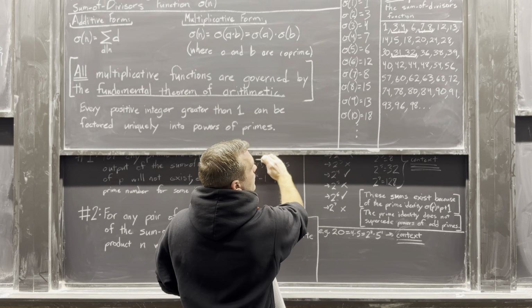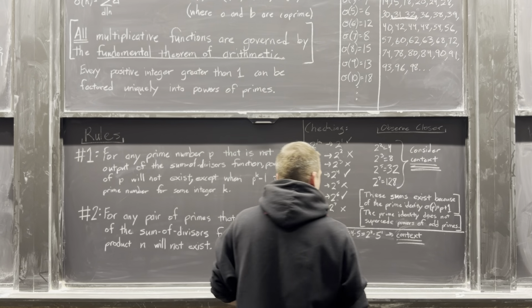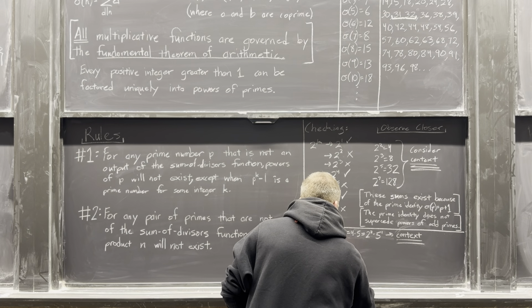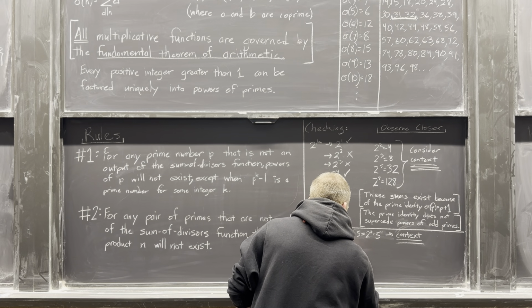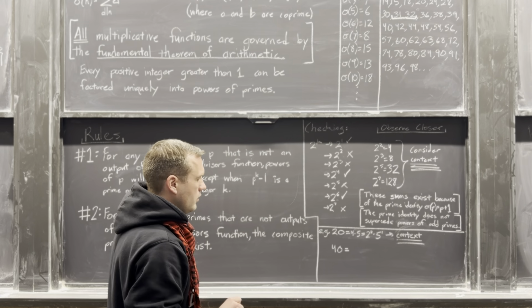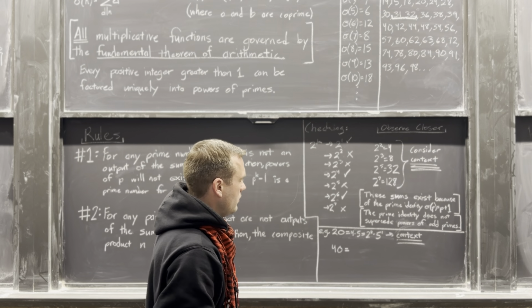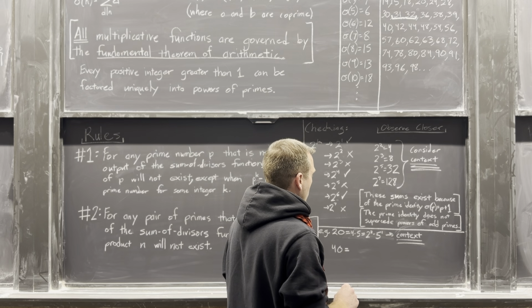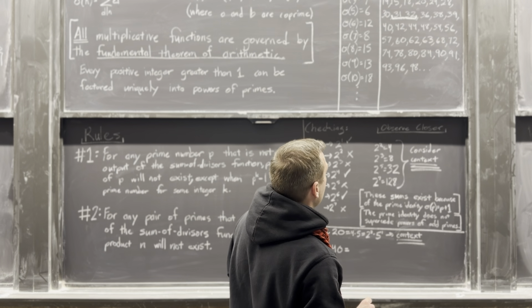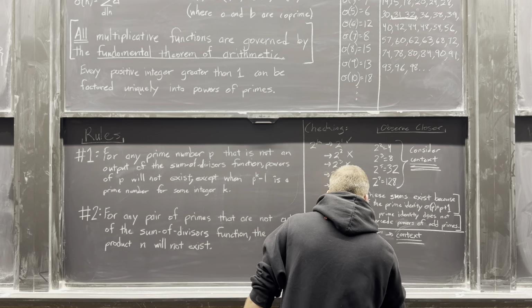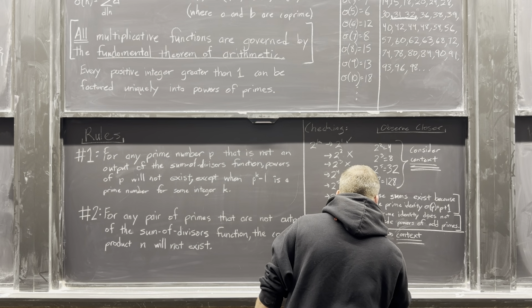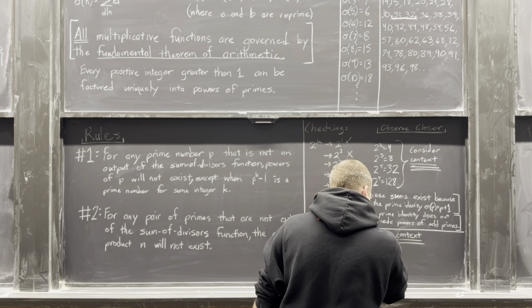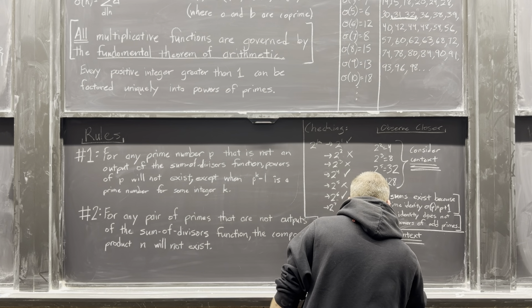And let's look at 40, right? 40 is equal to, let's see here, 8 times 5, right? 8 times 5, which is 2 to the power of 3 times 5 to the power of 1.